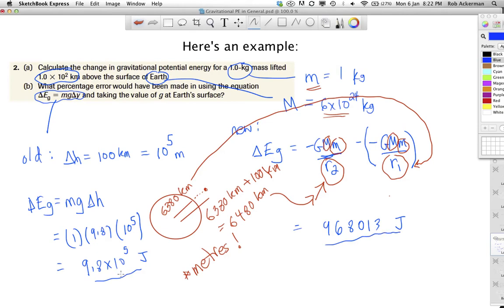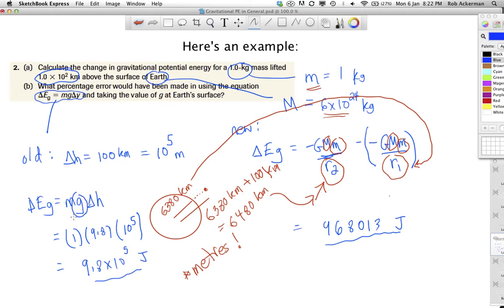Well, you can see, first of all, that it's less. Now, why would that be? See if you can figure out why the number using the new formula would actually be less. Pause the video and think about that for a minute. Okay, you're back, and hopefully you've thought of it. Maybe you came up with the answer. The reason is this formula takes into account the fact that as you lift that object 100 kilometers, the value of little g that we would have used in the old formula is diminishing.